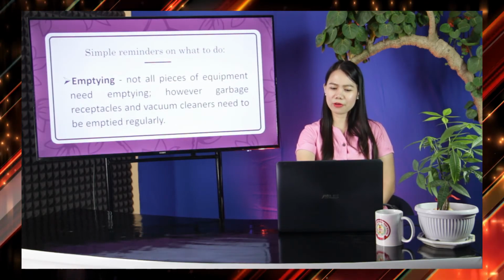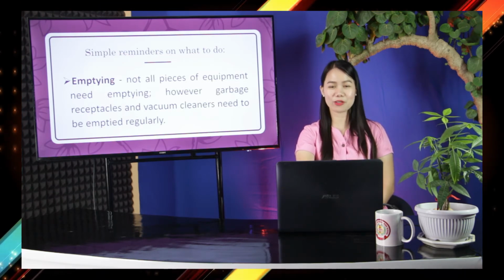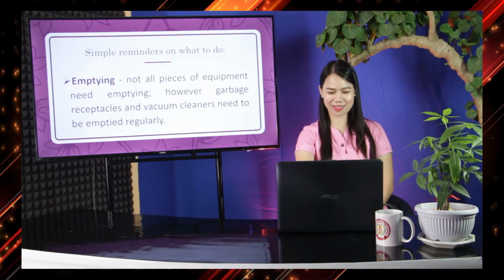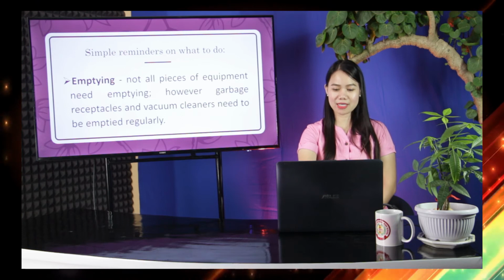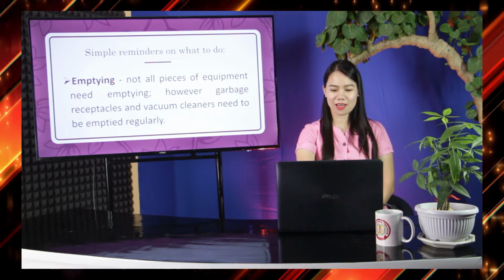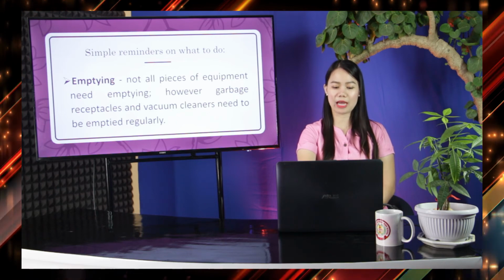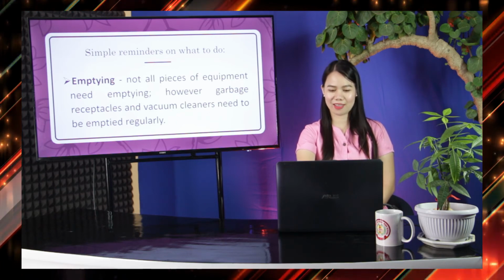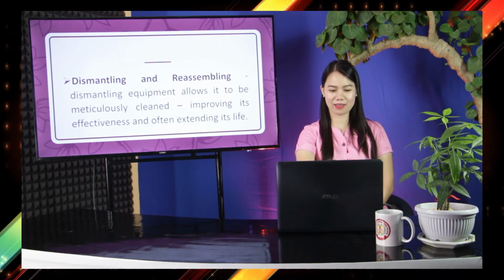What are the simple reminders on what to do in cleaning those equipment? First is emptying. Not all pieces of equipment need emptying. However, garbage receptacles and vacuum cleaners need to be emptied regularly. Next, dismantling and reassembling.